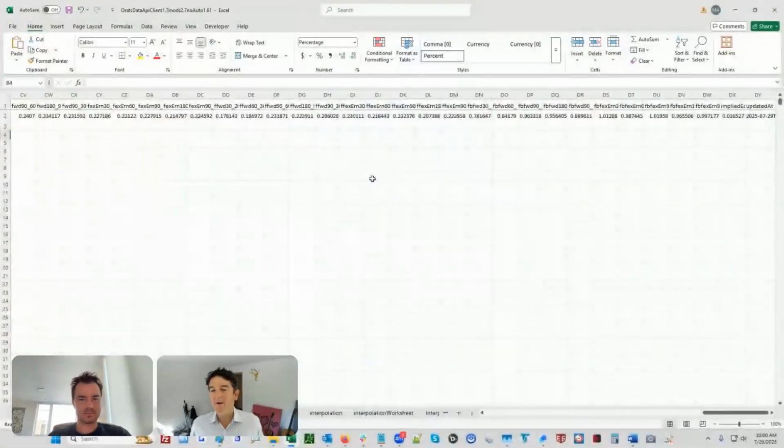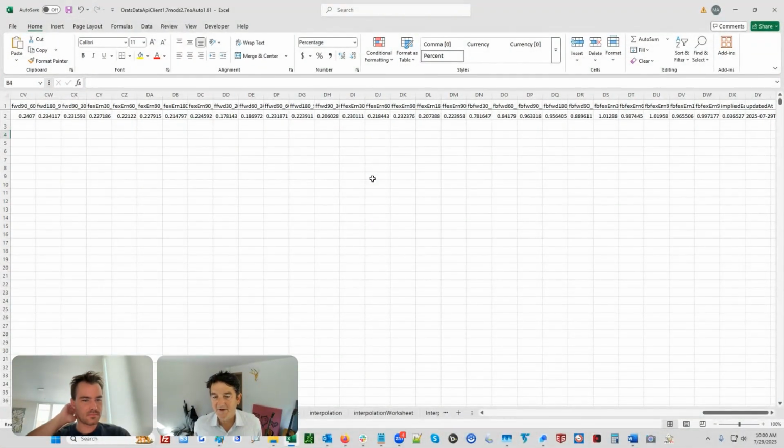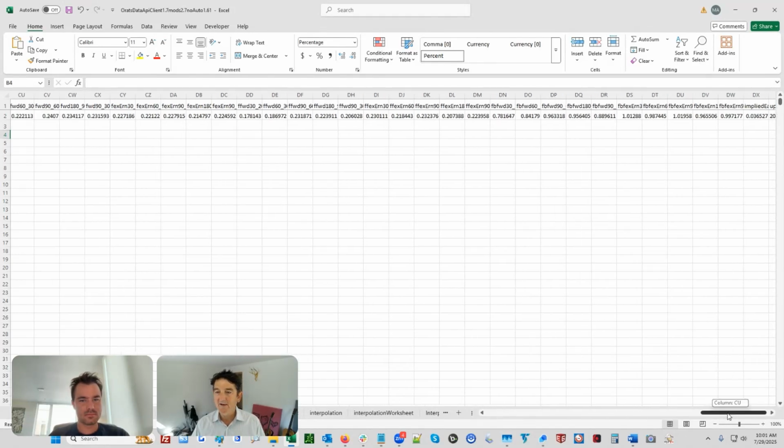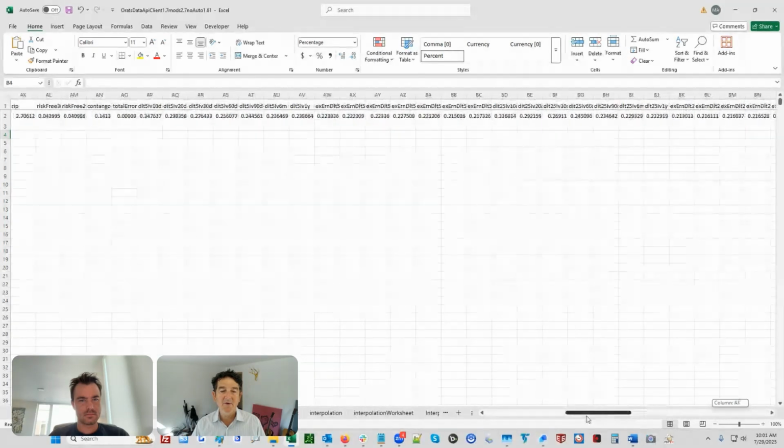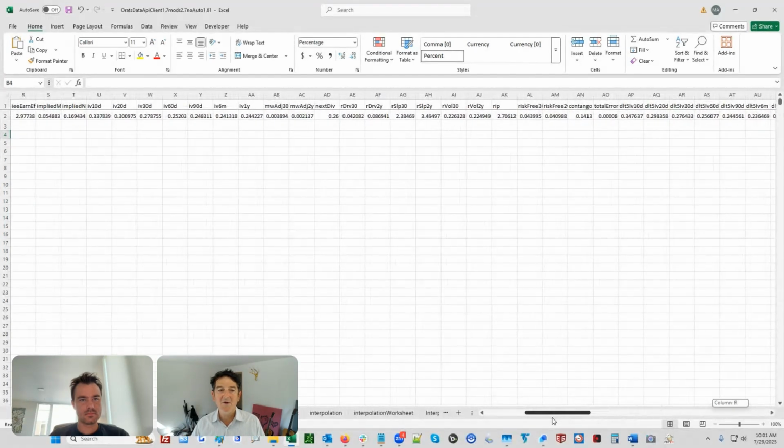Sure. Let's start with the hard one, forward volatility. Forward volatilities are a way to measure volatility in between what's a normal constant maturity.